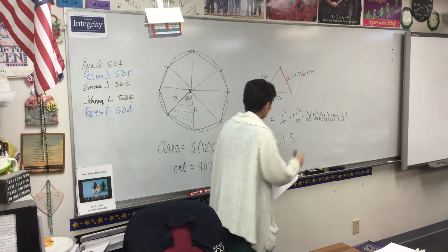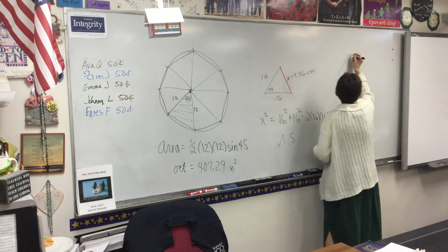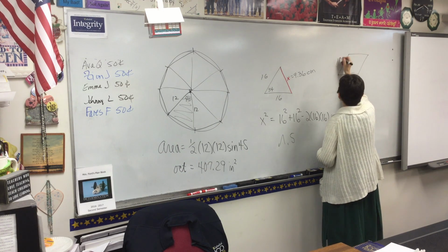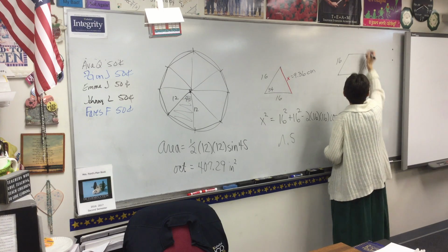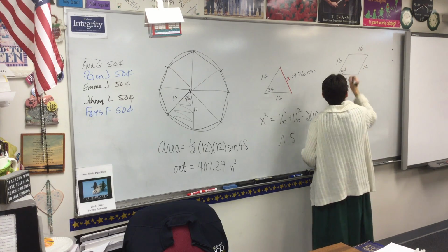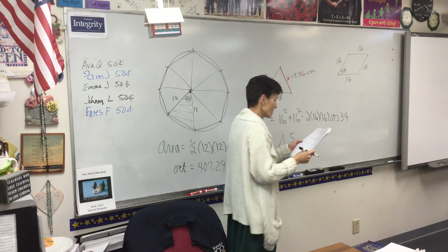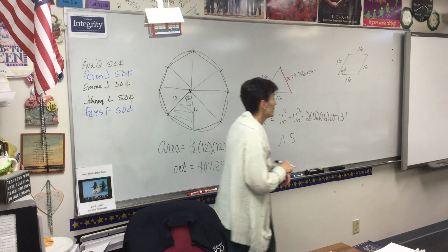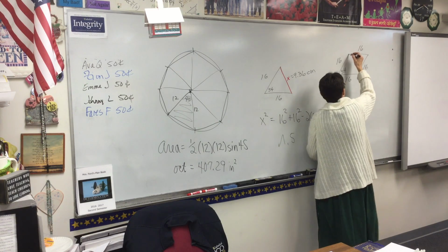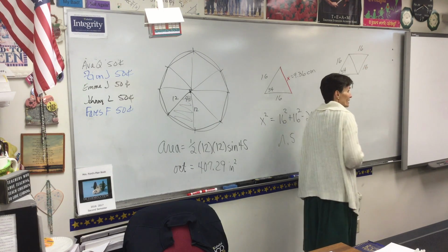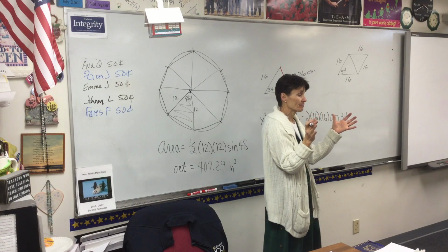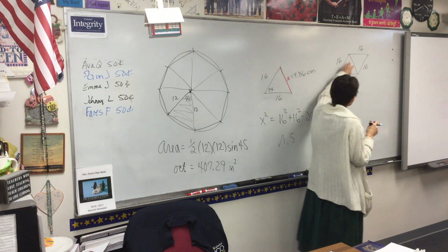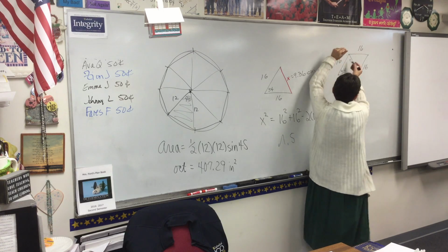Now, the next question says, take your rhombus, which was 16, 16, 16, 16, and 34, and find the area of the rhombus. So here says do the same thing, cut it in half. Can we find the area of this triangle right here?